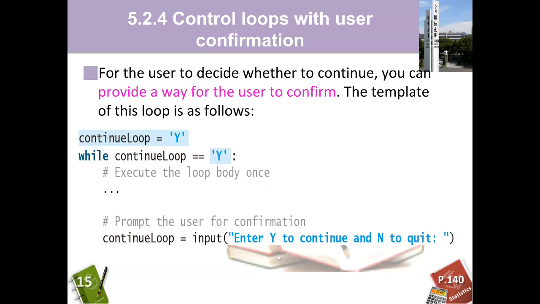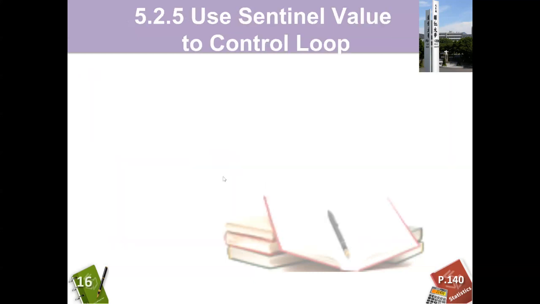So you will prompt the user, do you want to continue or not? So we will ask the question to determine the variable, continue or quit. So we call that kind of variable a sentinel value variable to control the loop.